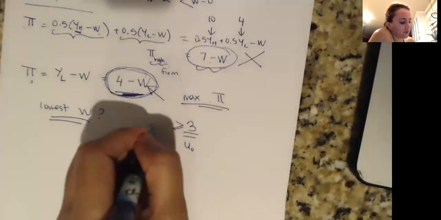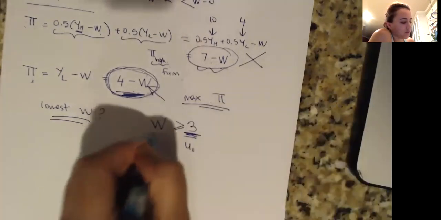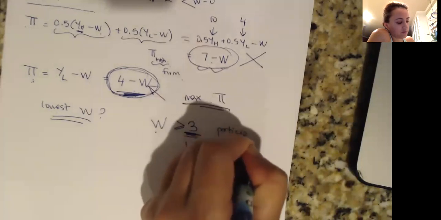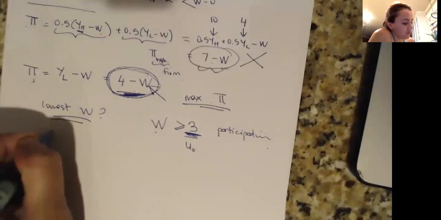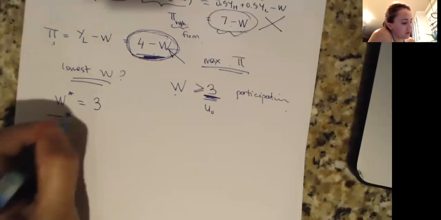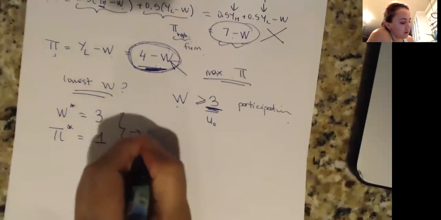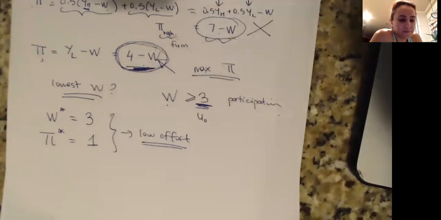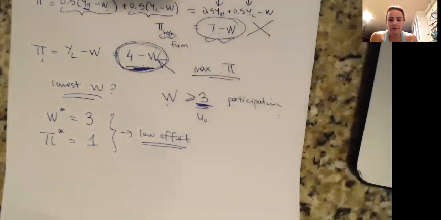So I need to offer at least $3 so that the worker chooses to work for me. So this is the participation constraint. The lowest wage the firm can choose is $3. And as a result, the profit is going to be 1. And the worker will always choose low effort.